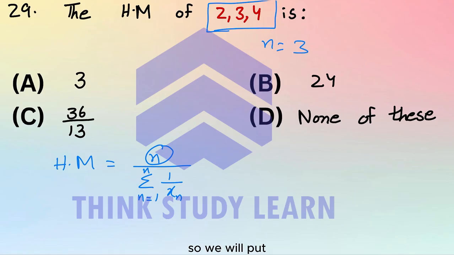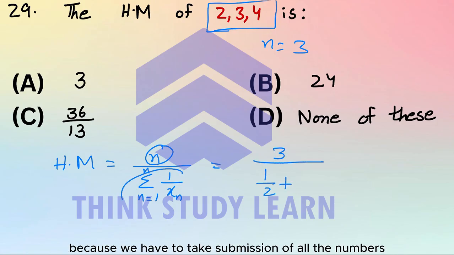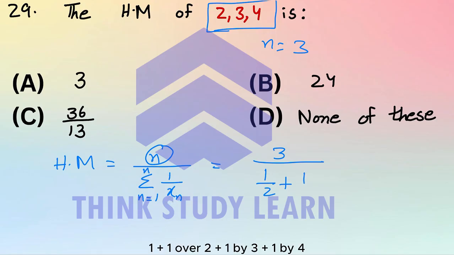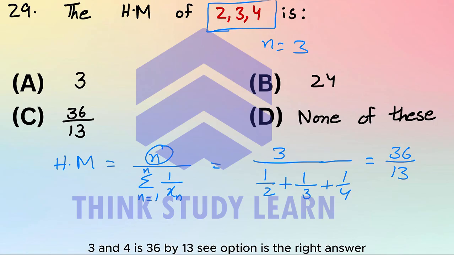So we will put the values in the formula. n is 3 over 1 over 2, because we have to take the summation of all the numbers. 1 over 2 plus 1 by 3 plus 1 by 4 gives us the value equal to 36 by 13. So the harmonic mean of 2, 3 and 4 is 36 by 13. C option is the right answer.